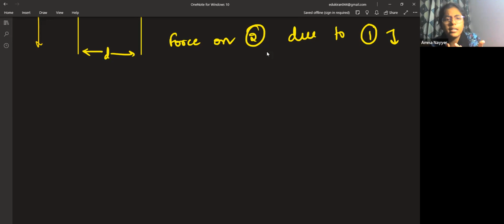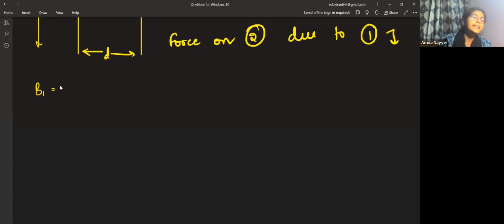Magnetic field 1 is not exerting force on itself. Since force on 2 due to 1 is mentioned, the force on the second is by the magnetic field of the first one.